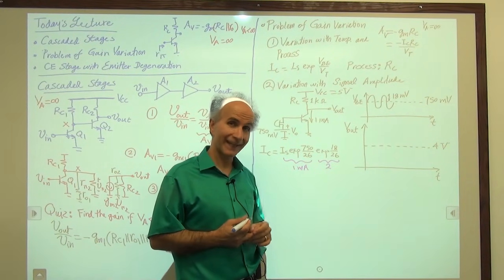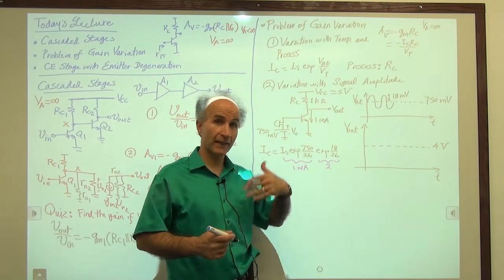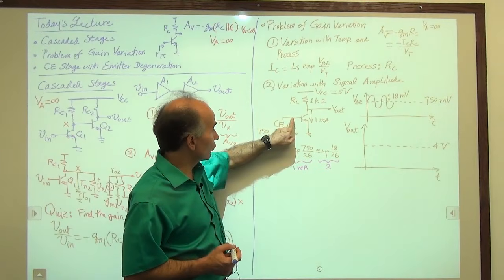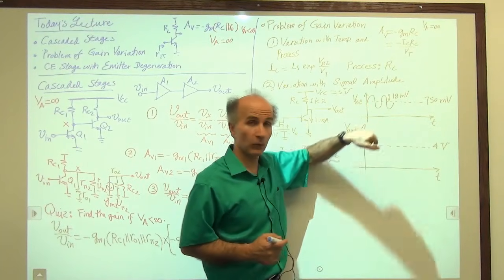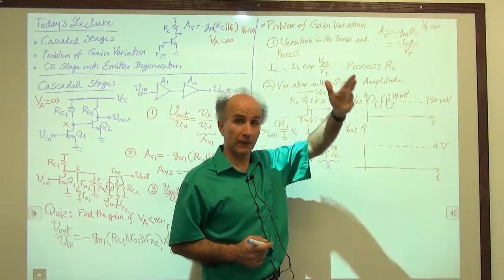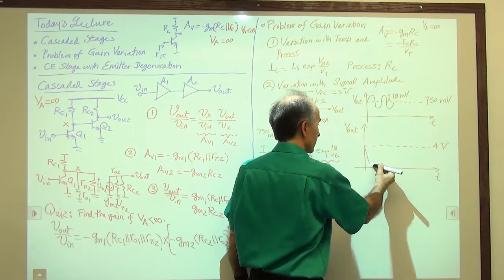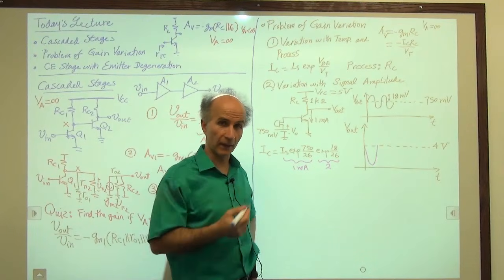What does that say about the gain? The gain increases. The gain is different now. The gain has doubled. So this means as the microphone signal raises this potential significantly by 18 millivolts, the gain goes up significantly. So remember that there's an inversion. So the downswing here is large because the gain is increasing.